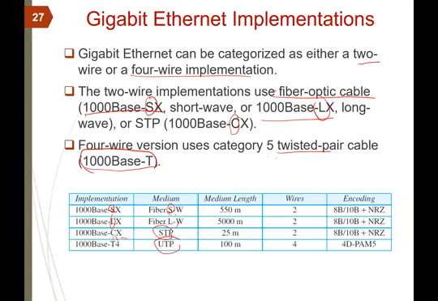You see the distances for fiber. Long waves can go up to 5 kilometers, but the standard 1000 base T is the most widely used. We can go up to 100 meters. It uses full duplex, all 4 wires.